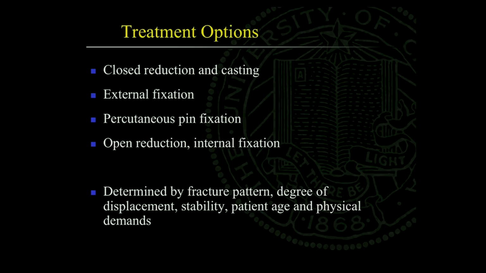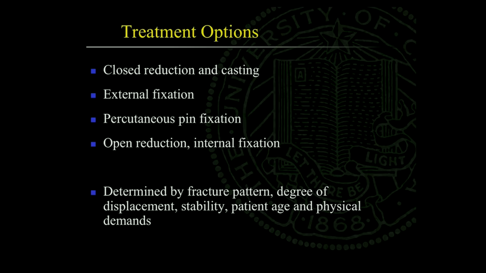So our treatment options, when we talk about distal radius fractures, go from non-operative to operative management, and these are the primary options that we discuss with our patients. There's closed reduction and casting, which we just reviewed before. By reduction, we mean pushing the bone back to where it went and putting it temporarily in a cast or splint.